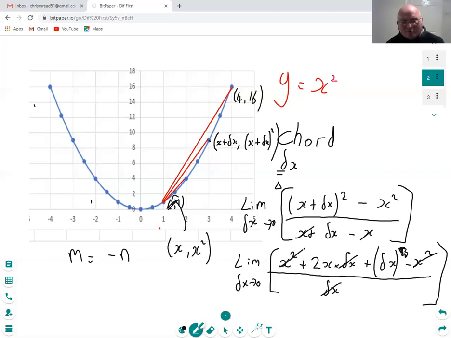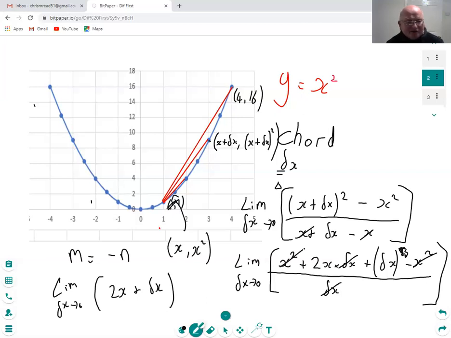So what we're left with is the limit, as delta x tends to 0, of 2x plus delta x. Now we haven't got the problem of the delta x on the bottom.